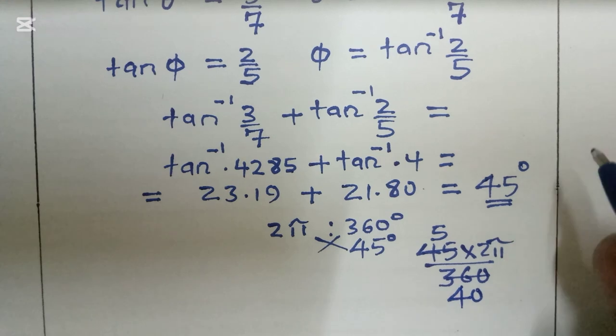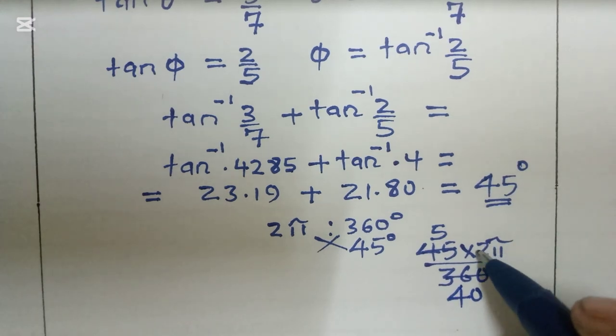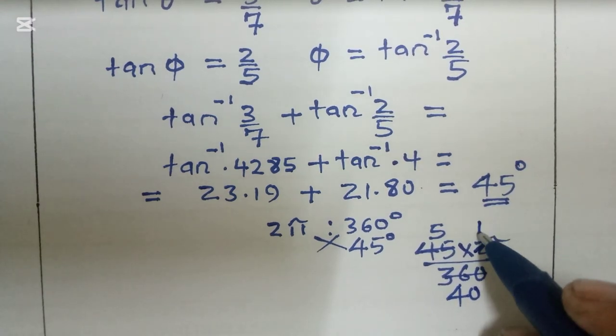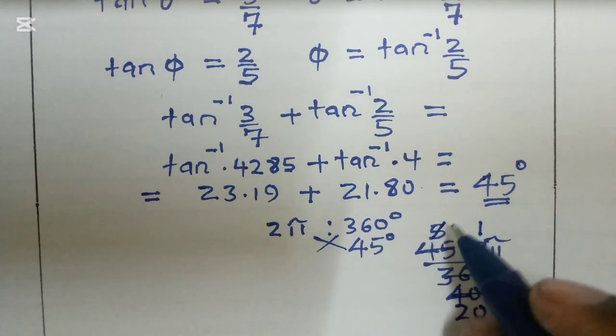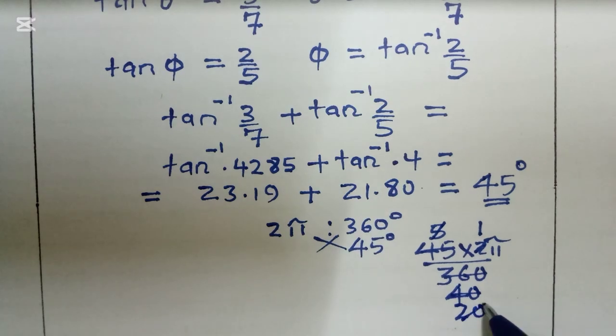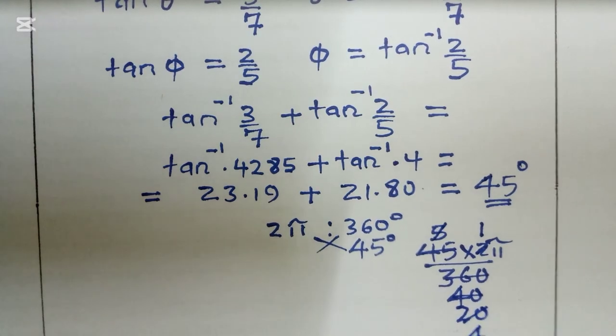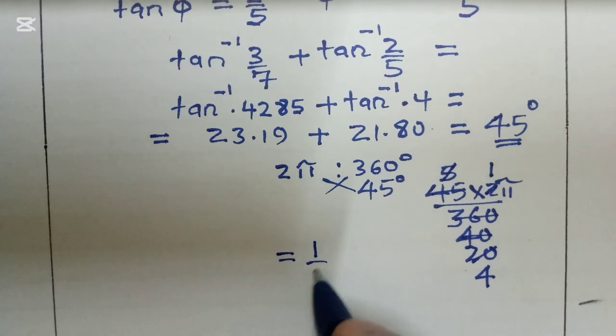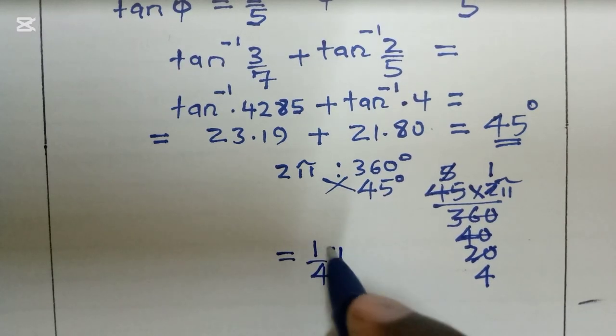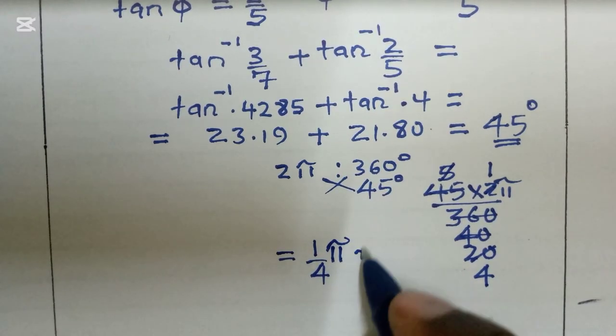Then 2 by 2 is 1, and 40 divided by 10 gives 4 and 5 divided by 5 gives 1. So we are going to have 1/4 pi, and this is in radians.